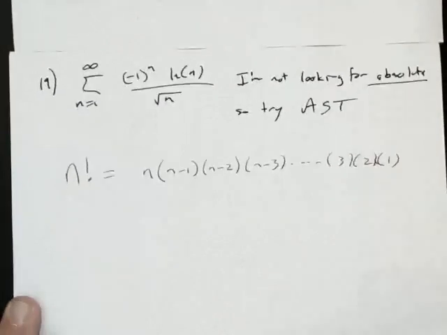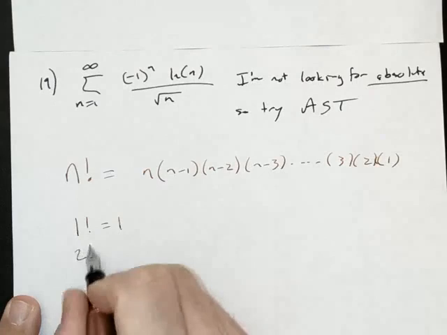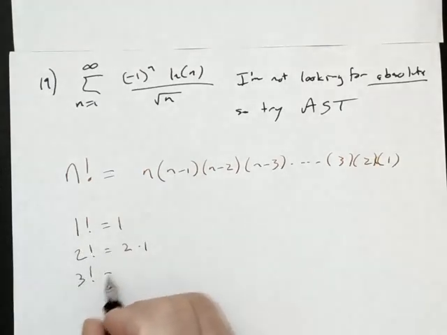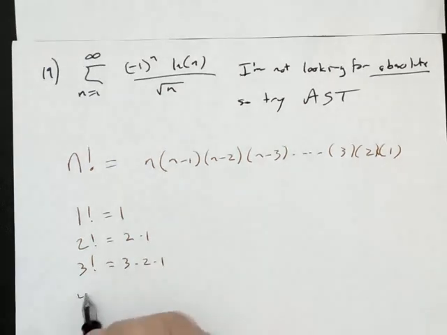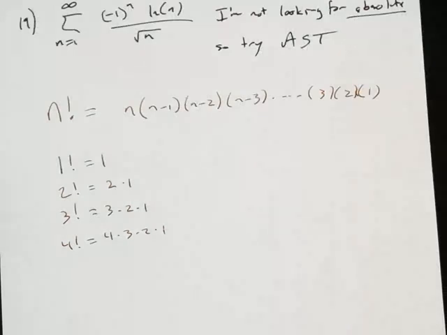But in that case, I can also think of it as being built up. Right? So each factorial comes from adding one more number to the previous one.